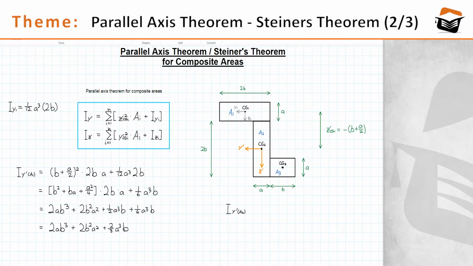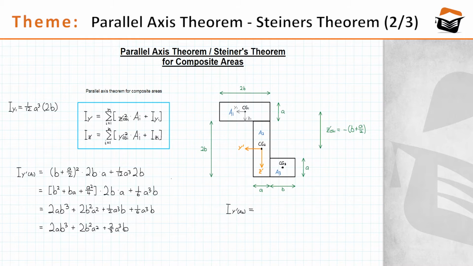And the formula, okay, as you know, you attach the third power to the length that is perpendicular to the reference axis. In our case, that length would be 2b.